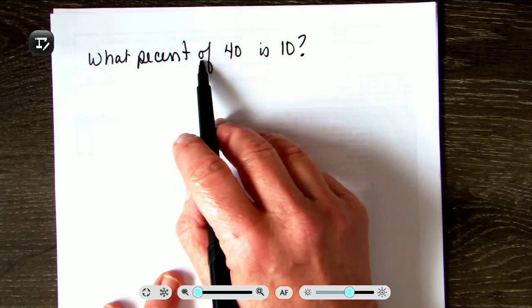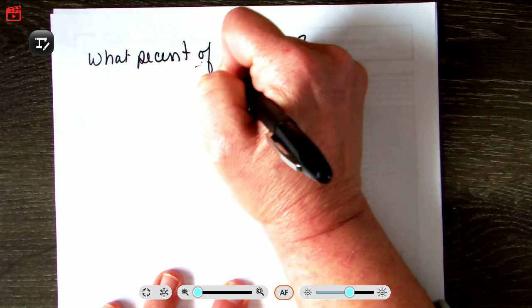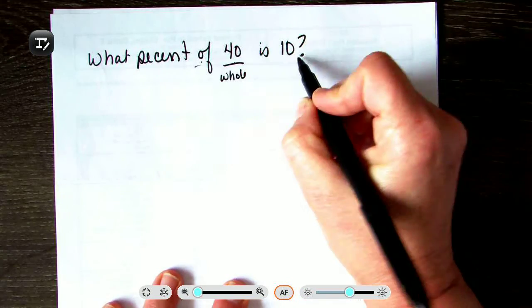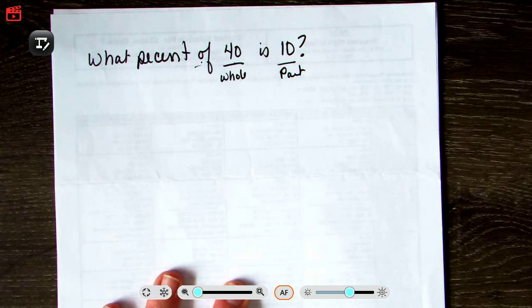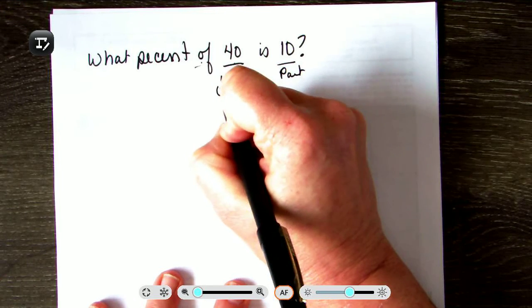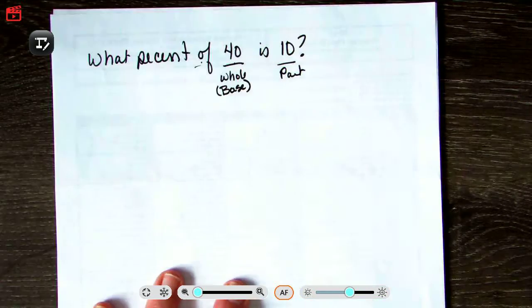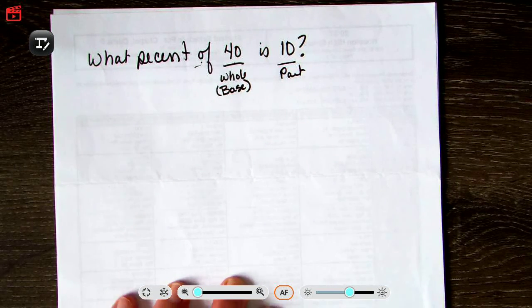So here's the "of" piece, so that 40 is my whole. The "is" 10, that's going to be that part. Okay, some books might refer to this whole as your base, mostly because it's the bottom number of that fraction. It's the base of that fraction.